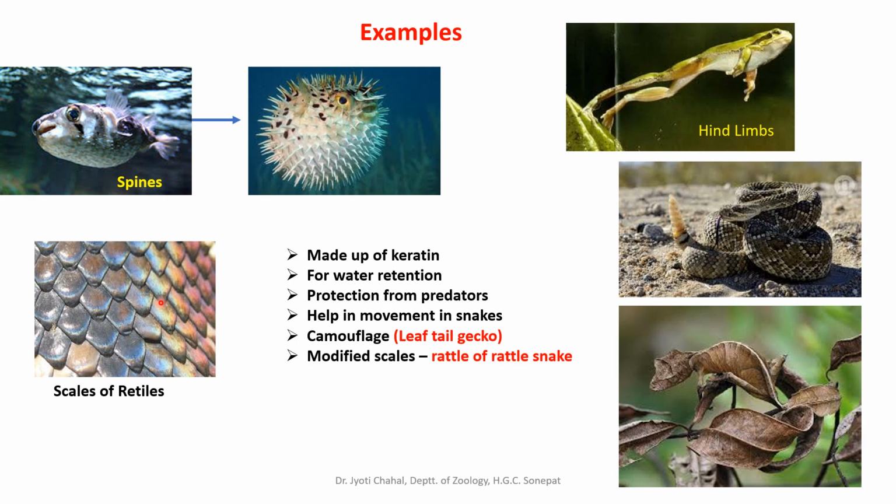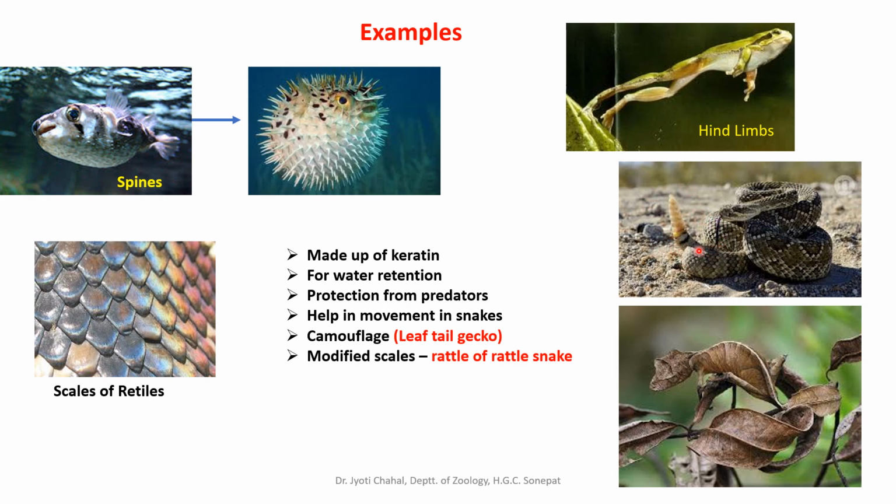This is the method by which a snake moves. Okay, and because of this feature, a snake is unable to show locomotion on marble floors, because there are no imperfections on which these scales can put their grip. Also, these are helpful in warning signals in the case of snakes.